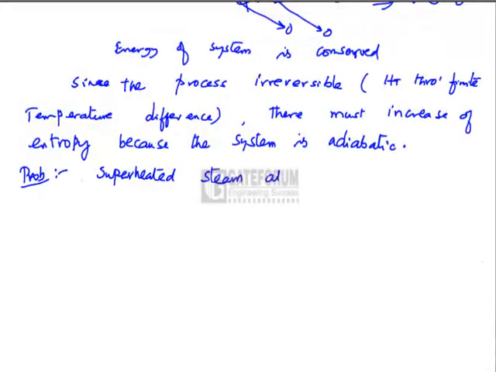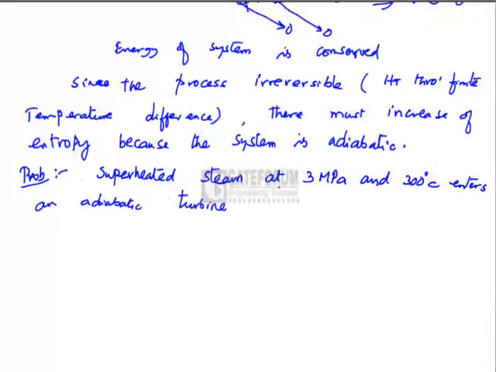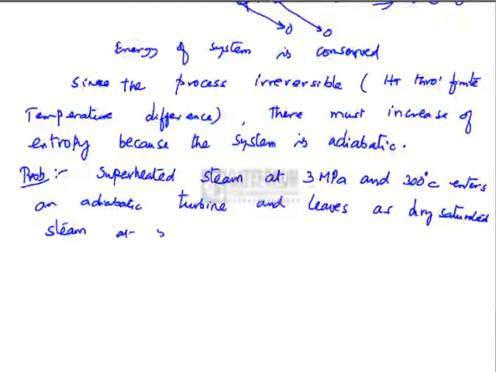Superheated steam at 3 megapascal and 300 degrees centigrade enters an adiabatic turbine and leaves as dry saturated steam at 50 kilopascal.